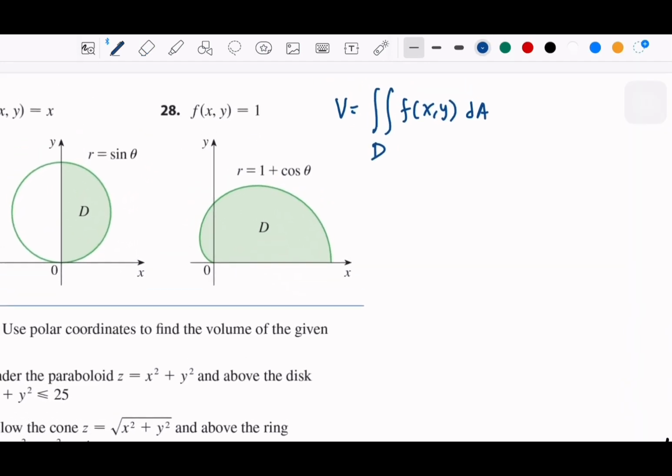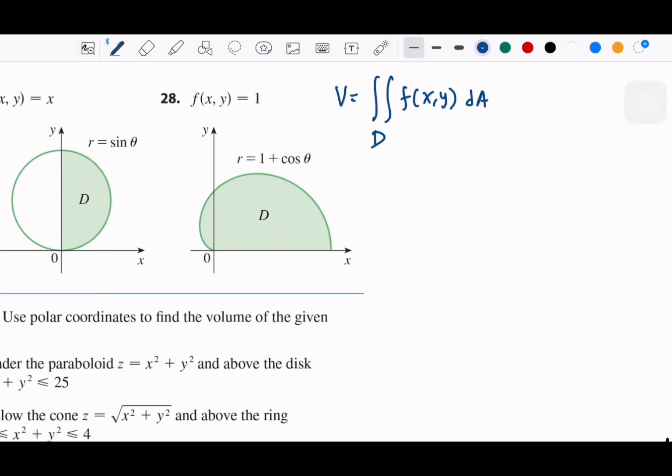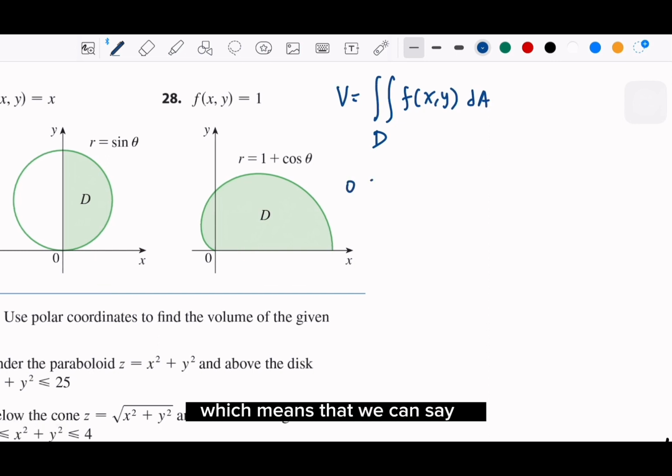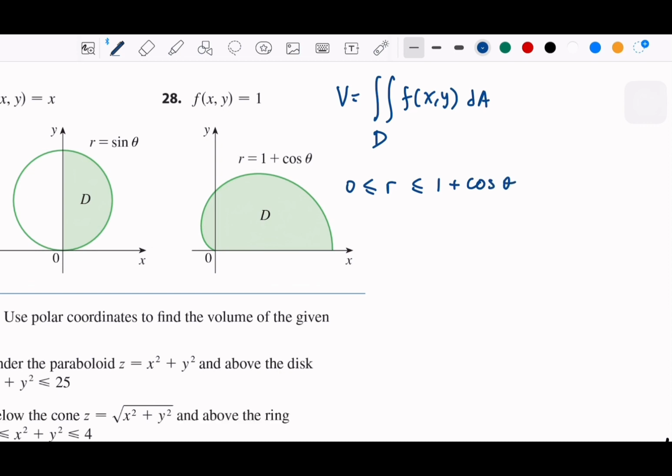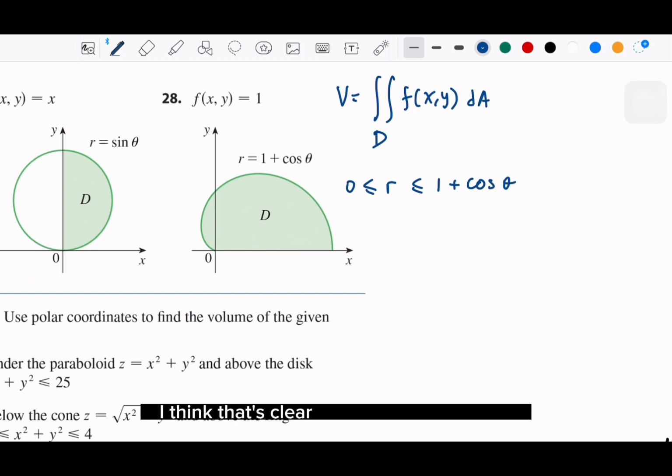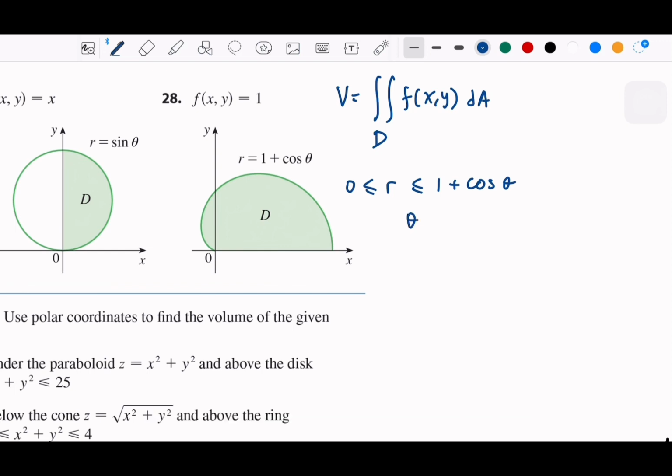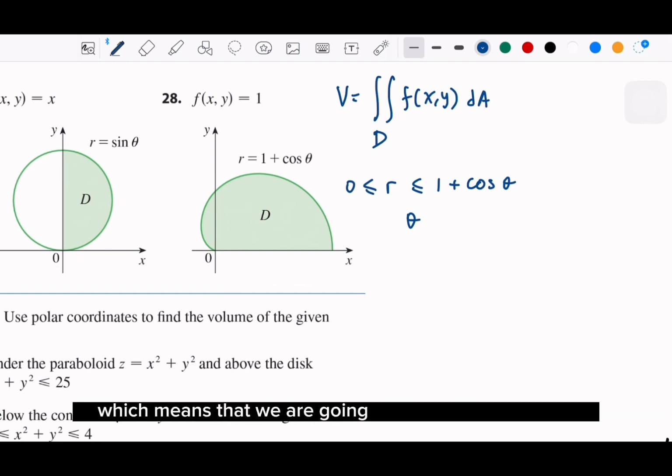So let's focus on the D. For D, there is no other radius, right? There are no other polar curves, which means that we can say r is just from 0 to 1 plus cosine theta, right? I think that's clear. And how about the theta? I think you can see from this part and this part here, which means that we are going to evaluate from where?